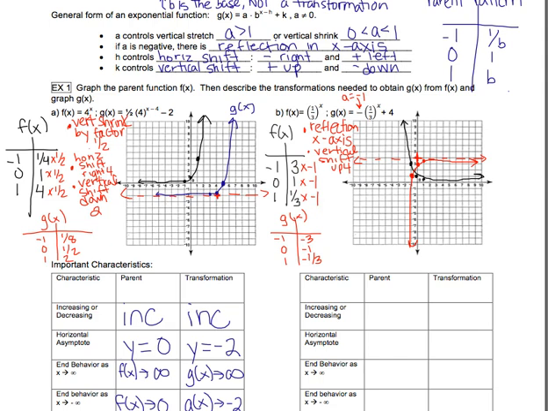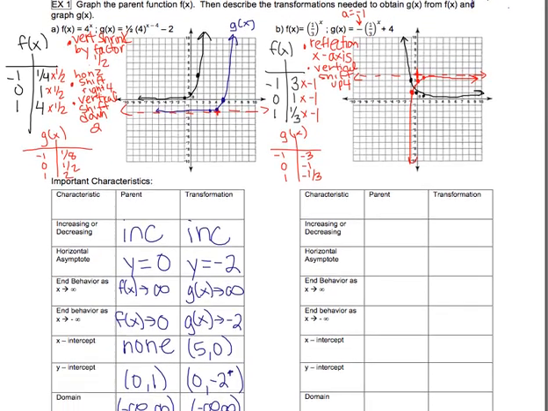All right, so now we're just going to fill in the key features. So the parent, my original graph that's in black here, as I go from left to right tracing, it is getting smaller. So that means that it is decreasing.